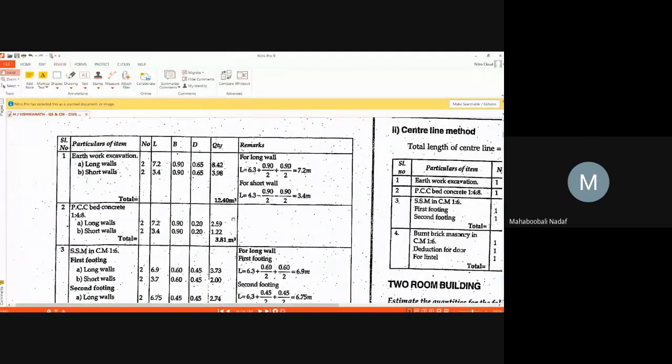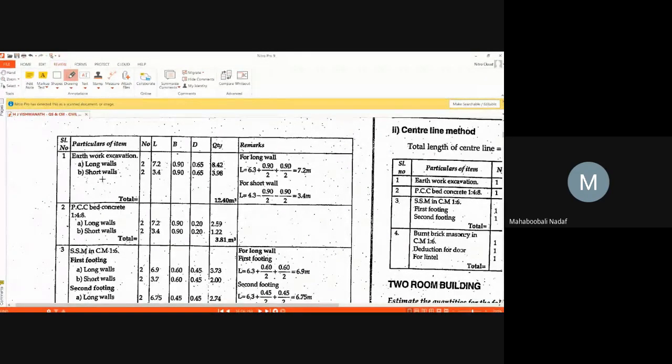For the calculation, in the long wall short wall method, you take any particular item, for example excavation. The long wall distance for the calculation is obtained by center to center distance plus half of the width of that item on either side.